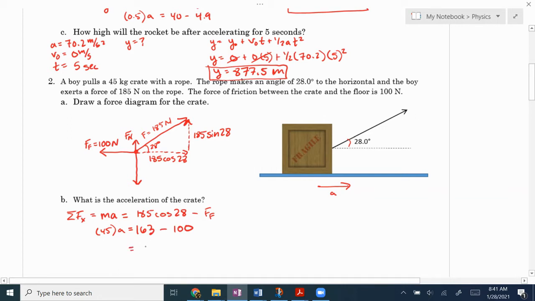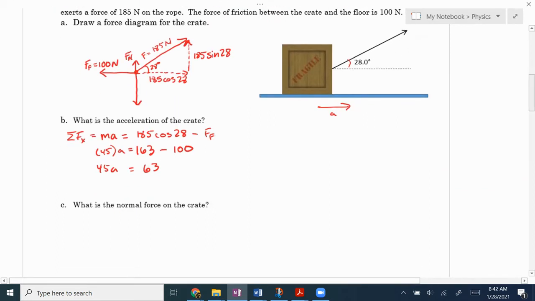That's going to give us 63 on this side, 45a on that side. Divide by 45, and you're going to get 1.4 meters per second squared as your acceleration.